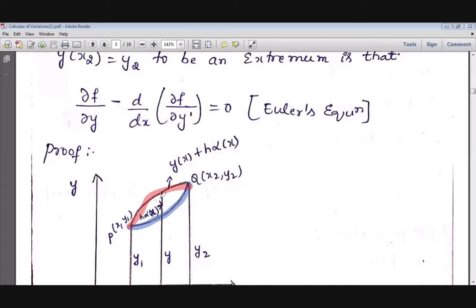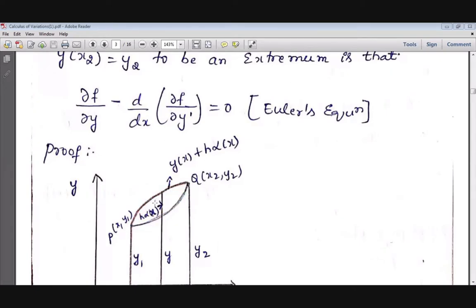Because alpha of x comes only from the distance between these two curves, some distance we should have. If we don't have any distance, then no alpha of x will be there. Therefore, alpha of x will be 0 at P and alpha of x will be 0 at Q. Why? When will alpha of x come? When we have some distance. Okay.